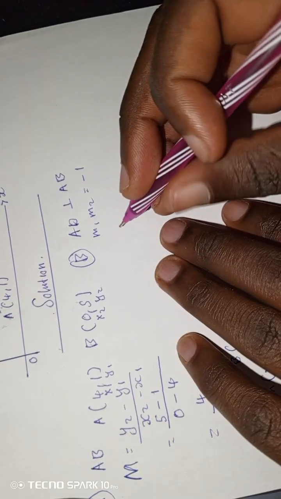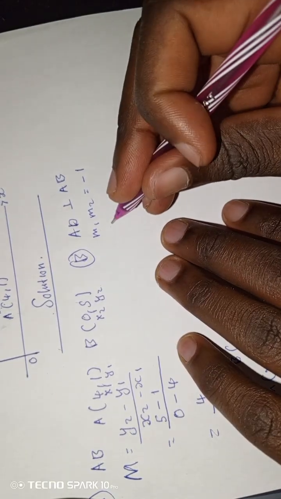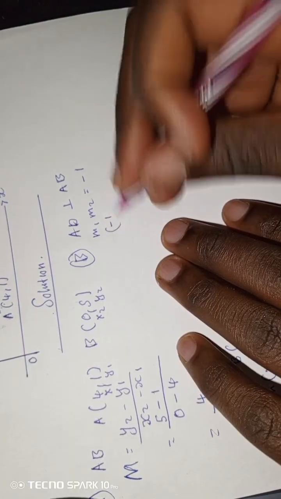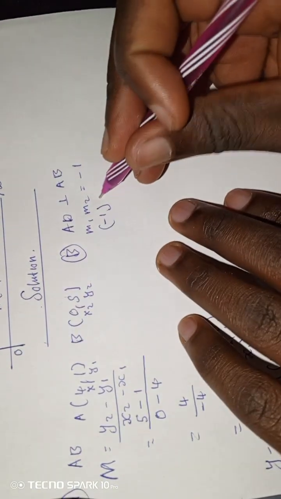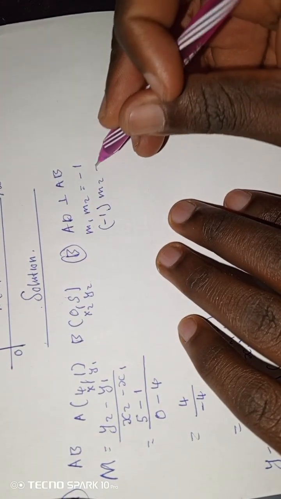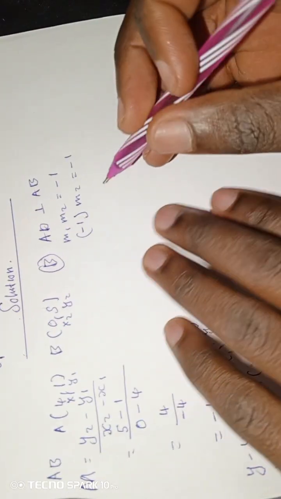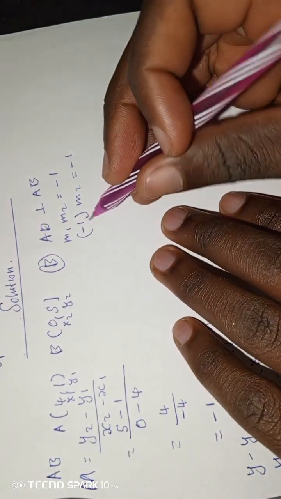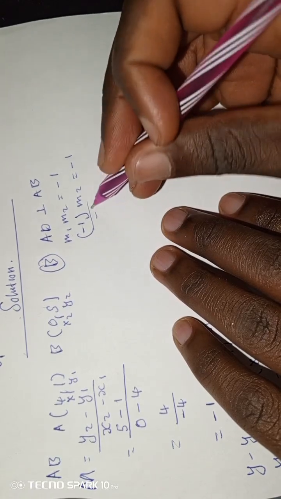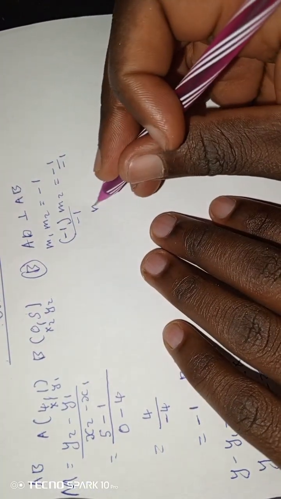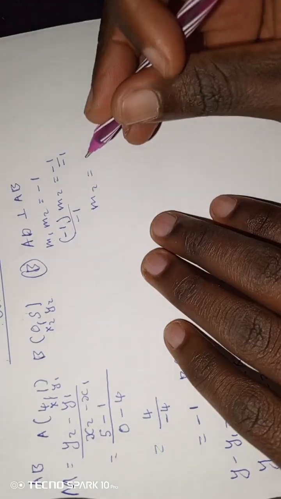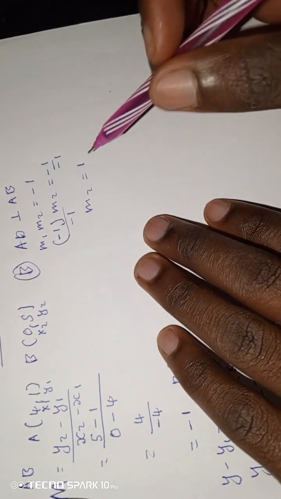So here we'll say our m1, it's negative 1, the gradient that we found for AB, multiplied by m2 equals negative 1. So here we'll divide both sides by negative 1. So we'll have m2 equals positive 1.